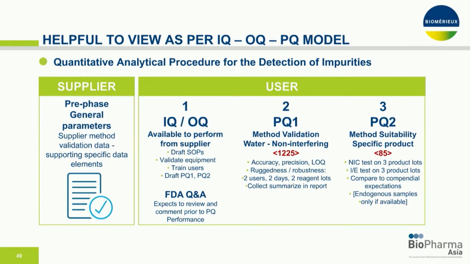So there's more than one way to understand this testing. My favorite way is to look at it as per the older IQ, OQ, PQ performance. So we can see that on the left-hand side, we have some questions to answer. We'll look at the supplier method, understand the instrumentation. So just really familiarization of the user with the testing.